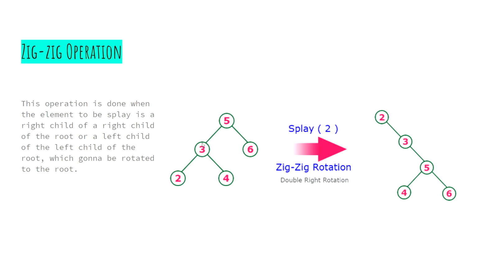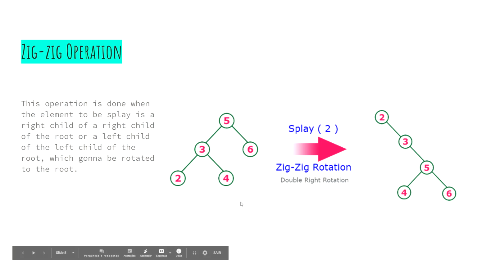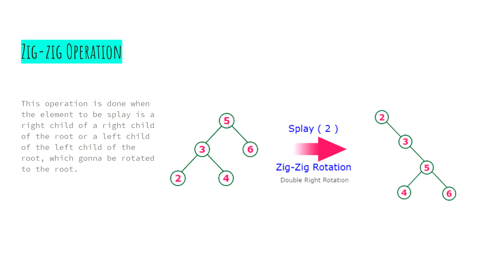Make a zig rotation with that first. So we have 3 here, it's going to be the root, and the 5 comes down, the 6 down too, and the 4 becomes a left child of the 5, and the 2 keeps being a child of the 3, just that.